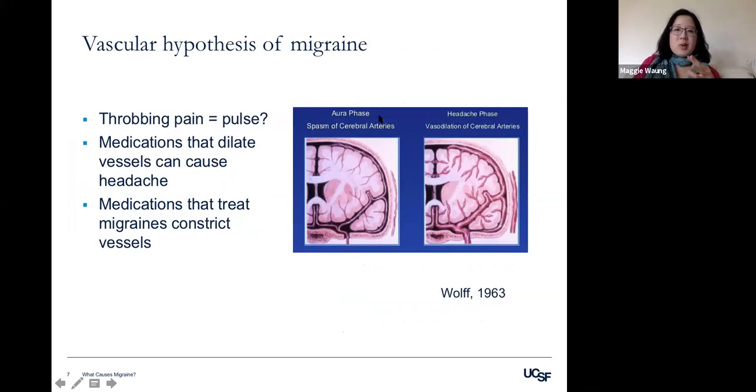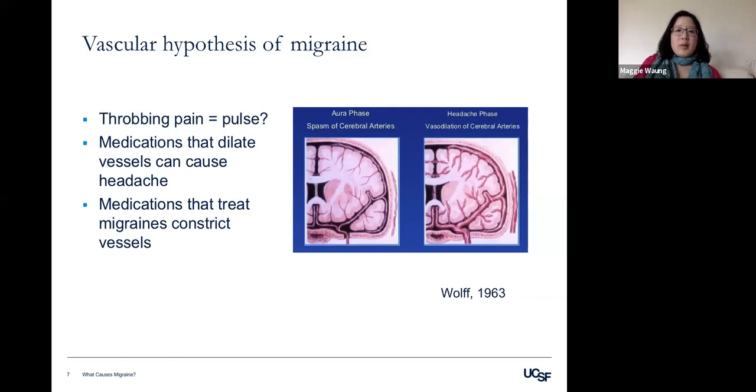And then also people described a lot of their migraines as throbbing and pounding, and doctors thought, well, maybe the pounding is related to your pulse. And that was why they thought the blood vessels to the brain might be important.